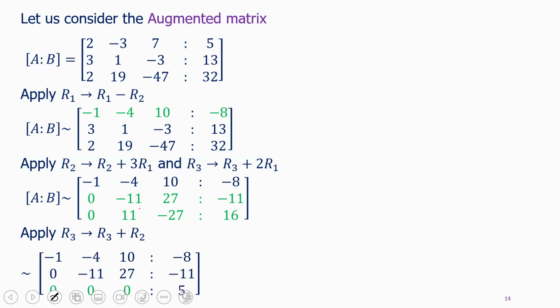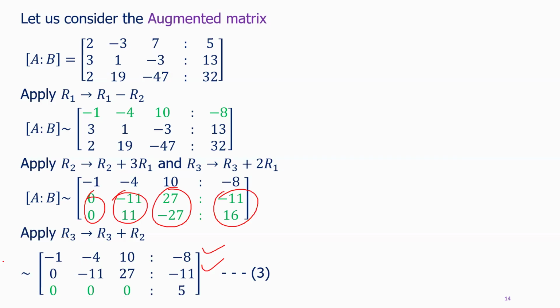The first two rows will never change. So 0 plus 0 is 0, minus 11 plus 11 is 0, minus 27 plus 27 is 0, and minus 11 plus 16 is 5. So we have the echelon form of the given matrix.